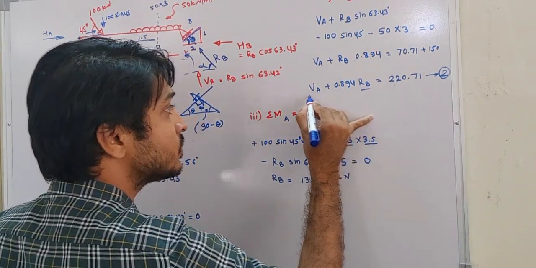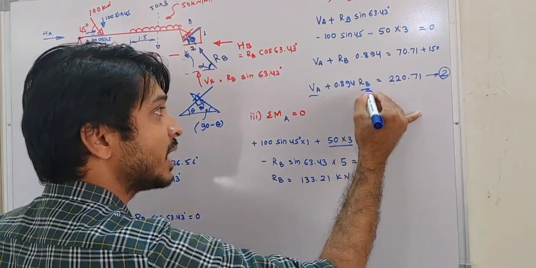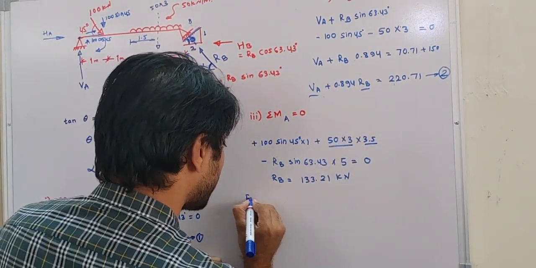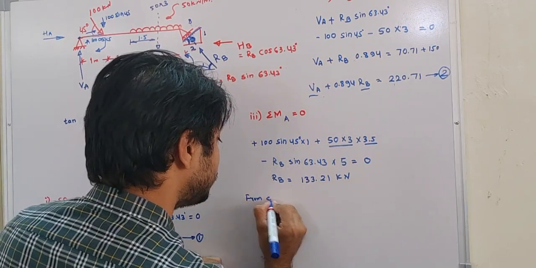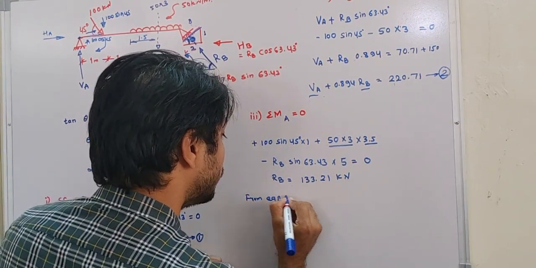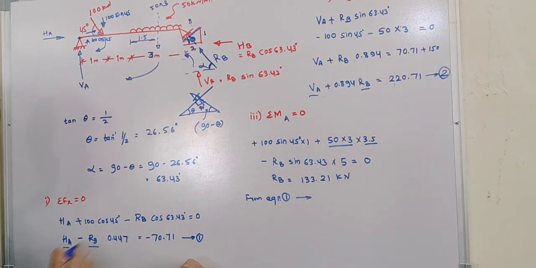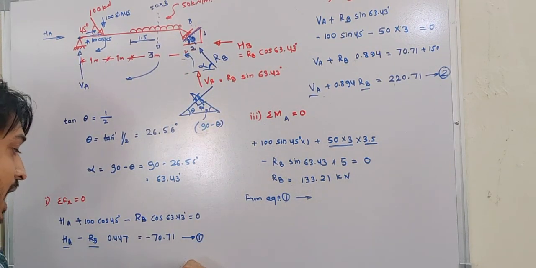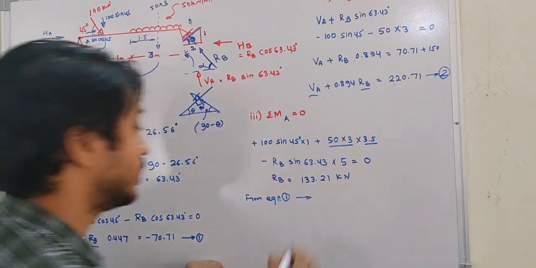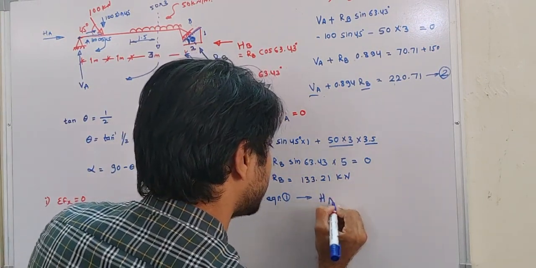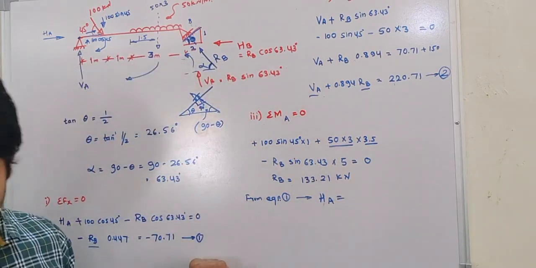We have two unknowns, VA and RB, and if I substitute RB, what do I get? VA, right? So from equation 1 and 2, from equation 1, if I back substitute the RB value here, what do I get?